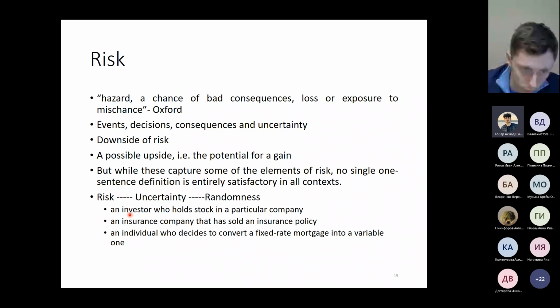There are multiple bullet points that I mentioned here that are relevant to this concept. We can call events risk. Risk can be caused by events, decisions. The term that is related to risk is uncertainty. And risk is an estimated uncertainty. Sometimes we can see this definition of risk.